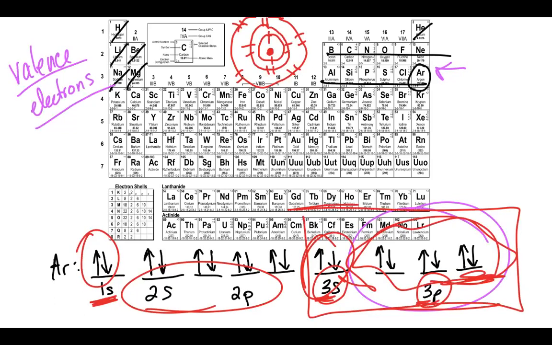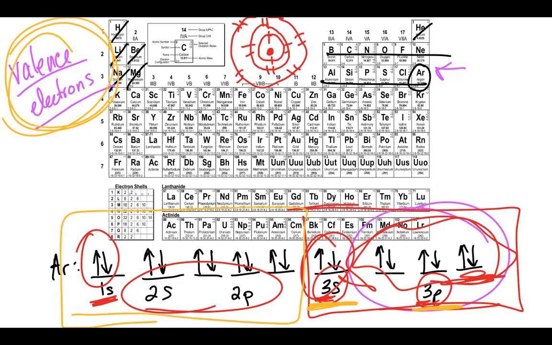Okay. So the other thing is, the electrons that are in 3s and 3p are considered valence electrons. All of these other electrons on the inside, these levels here, are called inner shell electrons, because they're on the inside.